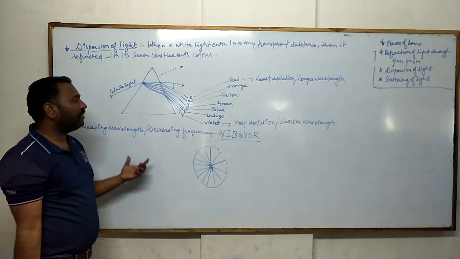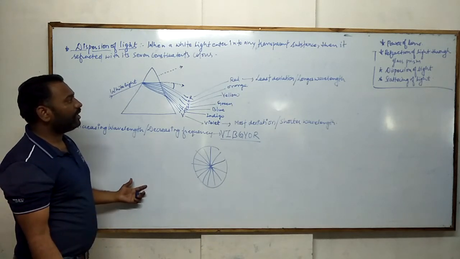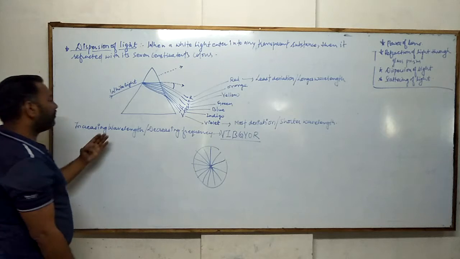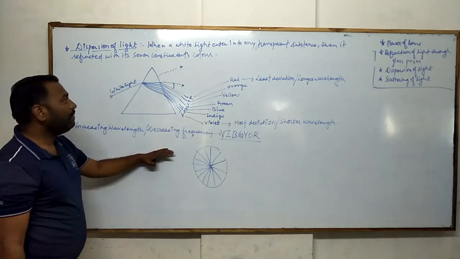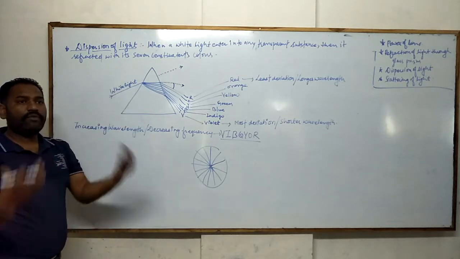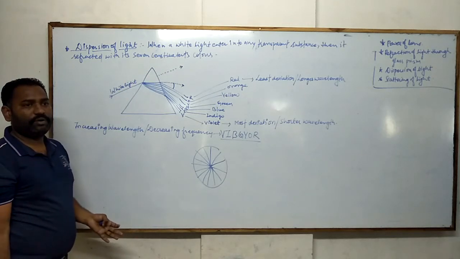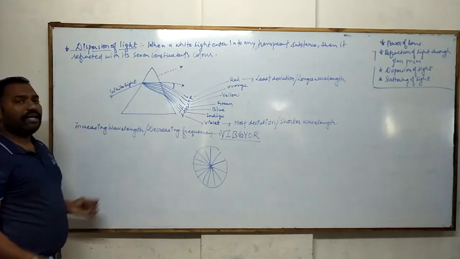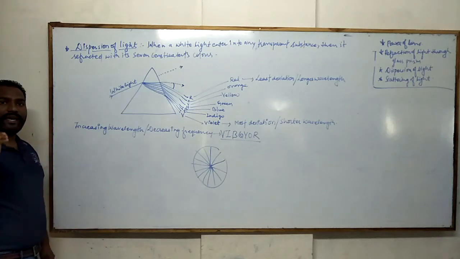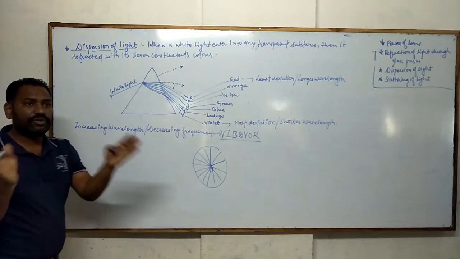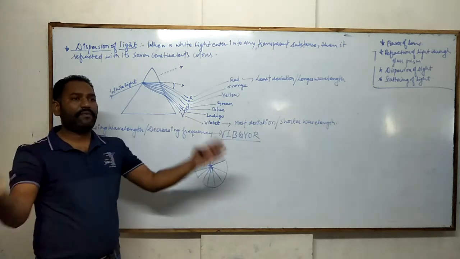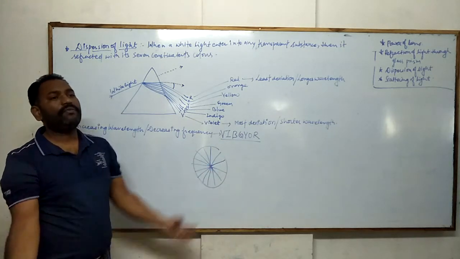And why? Because their frequencies, wavelengths, and the speed of light when entering any denser medium are different. When white light enters any transparent medium, the 7 constituent colors have different speeds in different media.